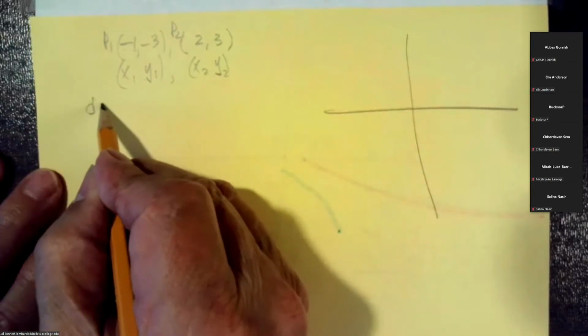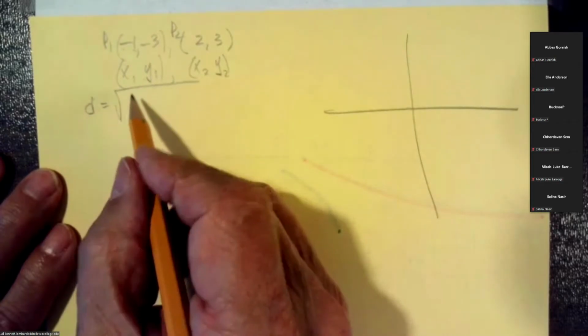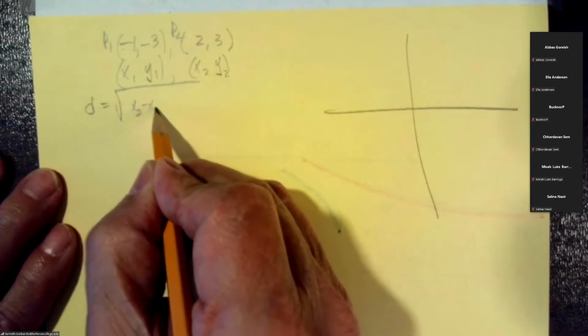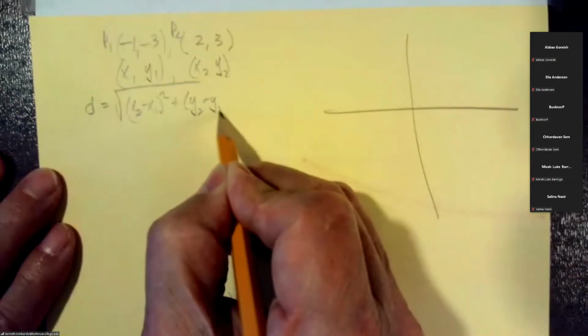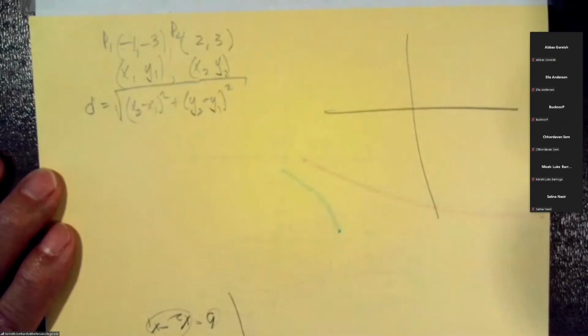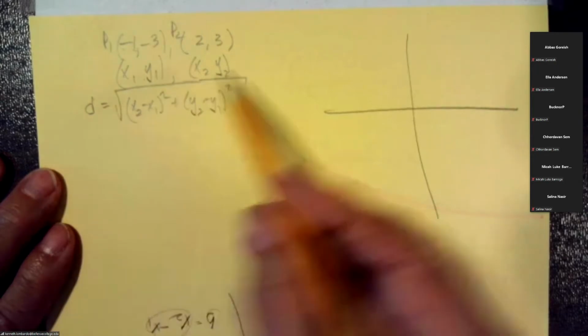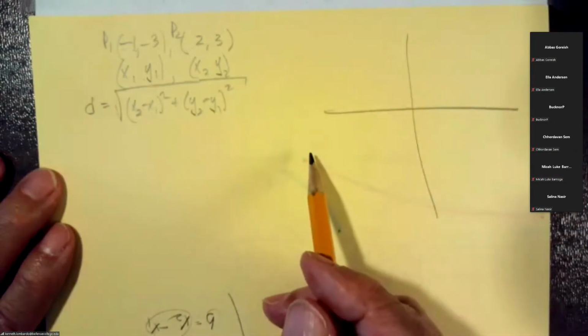We said it was x2 minus x1 quantity squared plus y2 minus y1 quantity squared. So the difference in the x values to get the horizontal distance, and the difference in the y values to get the vertical distance.